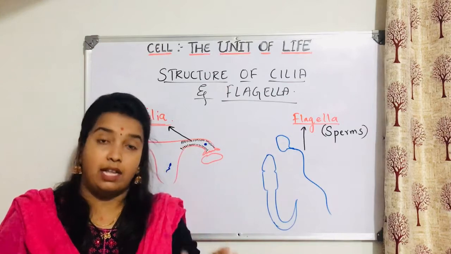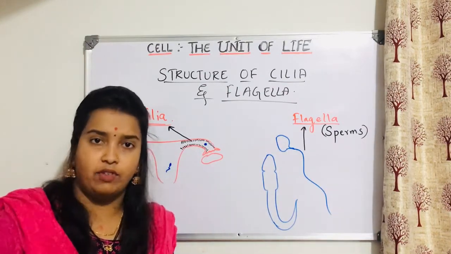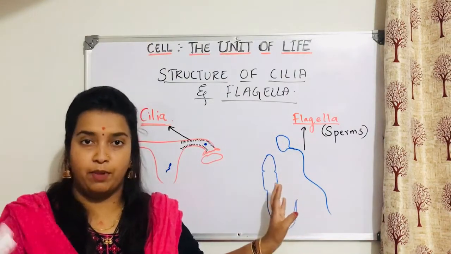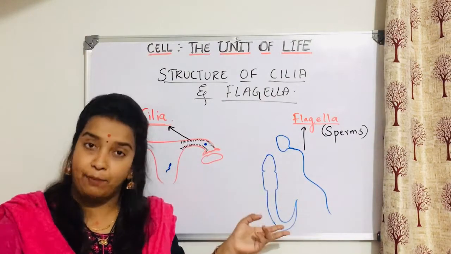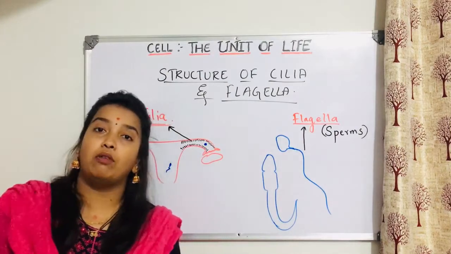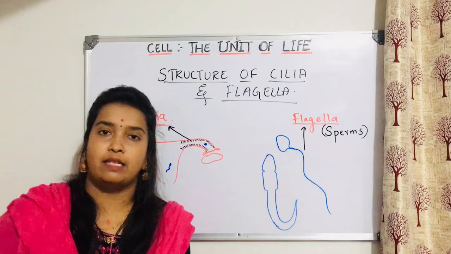For that reason cilia are present. In many areas of our body we have these ciliary structures. Flagella is usually found in sperm. In the sperm cell we find flagella. I hope you understood the examples. Fine. Now what we are talking about is mainly the structure. We know that these two are responsible for movement.